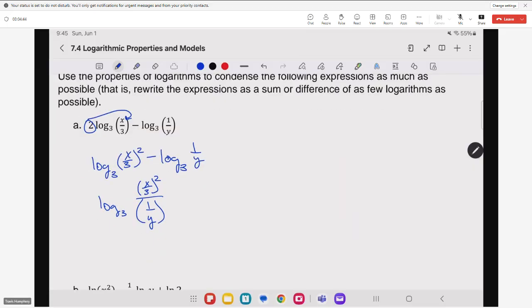And then we can clean that up by using what we know about division, and that's reciprocate and multiply. So that gives us log base 3 of x squared y over 9.